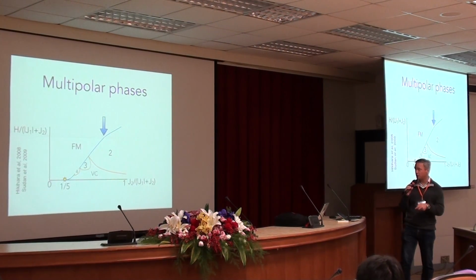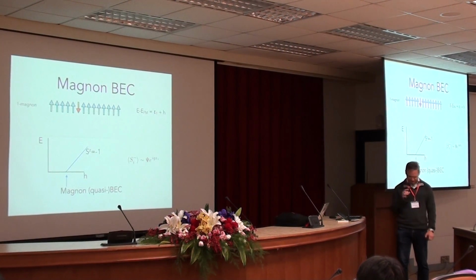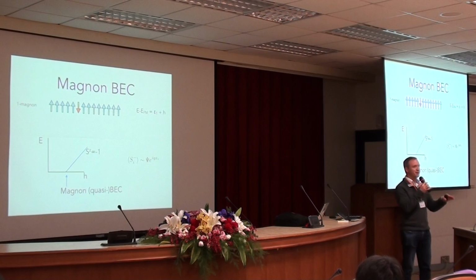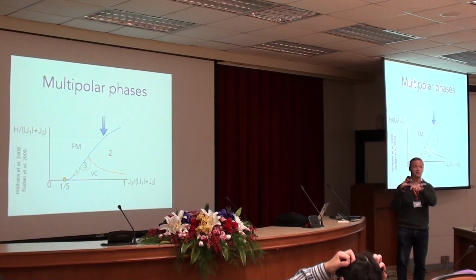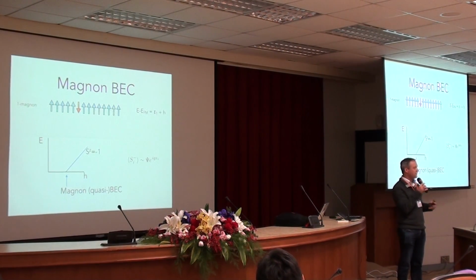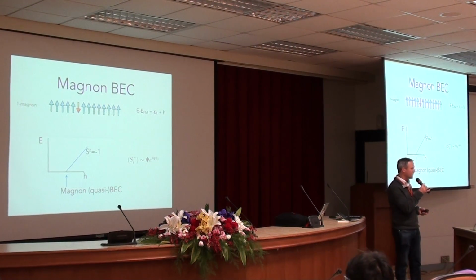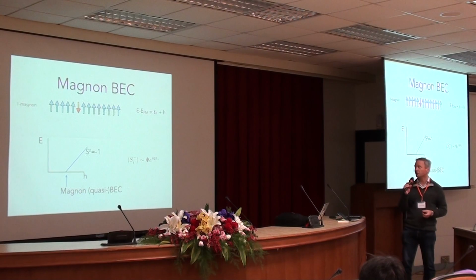So let me try and explain what this multipolar phase here is. This phase I call 2. The simplest way to think about it is, as I've shown with this arrow here, start in the ferromagnetic state and reduce the field and ask what state we approach. This is the kind of thing you can ask about in any antiferromagnet. In a typical antiferromagnet, what happens is something like this.